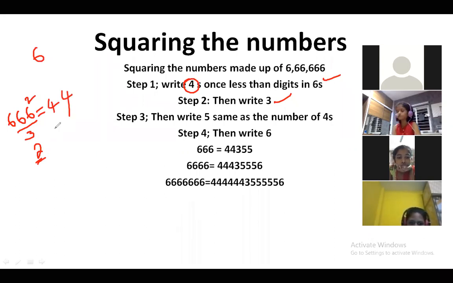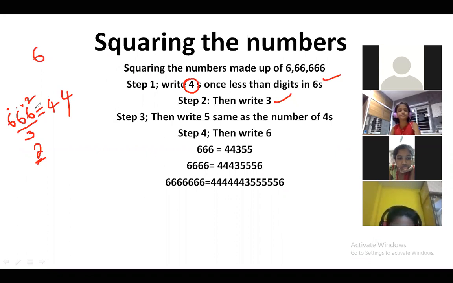So once again I'm explaining. If you want to find the square of any number made up of 6s, first you should write 4s. How many 4s should you write? You should count the 6s. How many 6s are there? One less than that you should write. Here 3 digits are there, no? If there are 3 digits, you should write 2 4s.